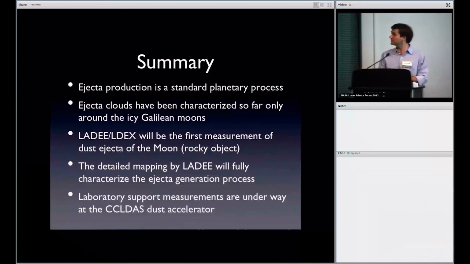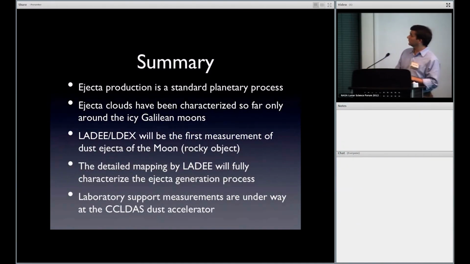That's basically the summary slide. Ejecta production is one of the standard planetary processes. We have good understanding of what's happening around icy moons, but we have never observed directly the ejecta clouds around rocky objects.